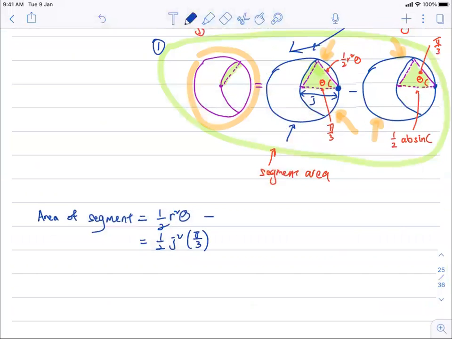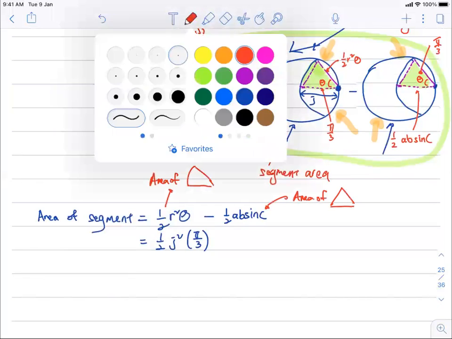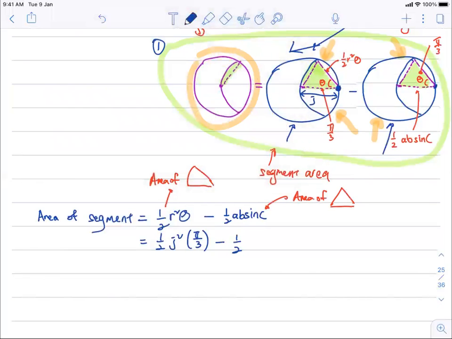And then don't forget, the area of the segment needs to minus the area of the triangle over here. For the area of the triangle, we can use the formula half AB sine C. Let me write it out. This is the area of the triangle. This one is the area of the slice of the circle. So we substitute in the values.